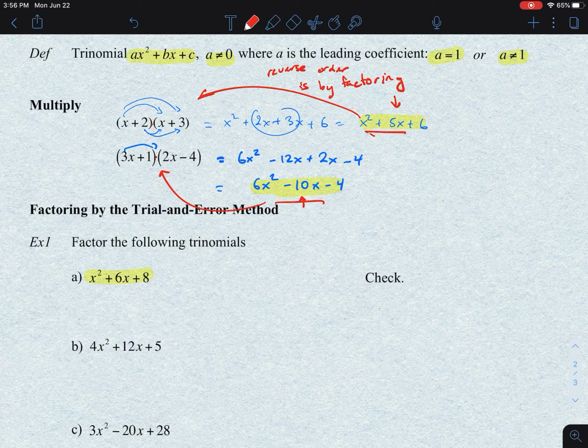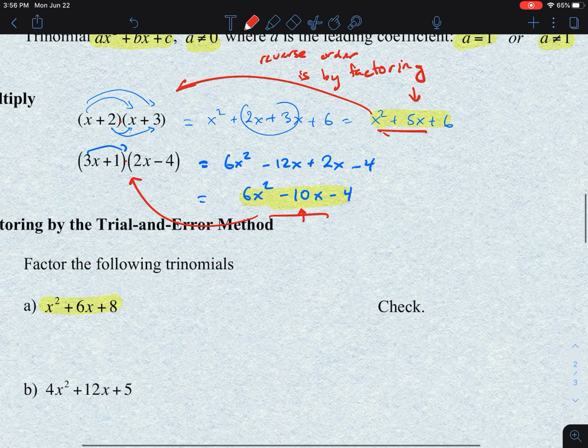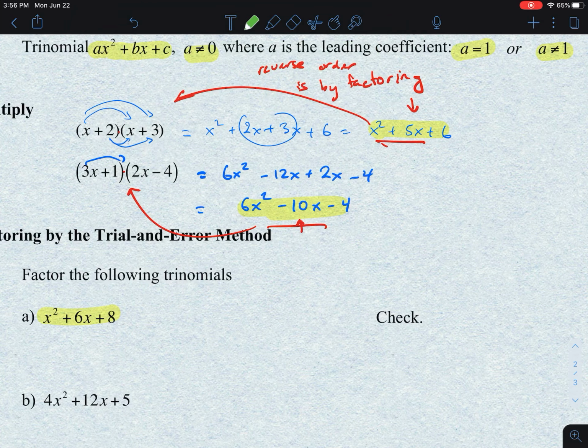One thing we want to keep in mind is that there are a few hints that help us factor quicker. If we go backwards, the 6 here is the product of the two last constants, and the x squared is the product of the first two terms.